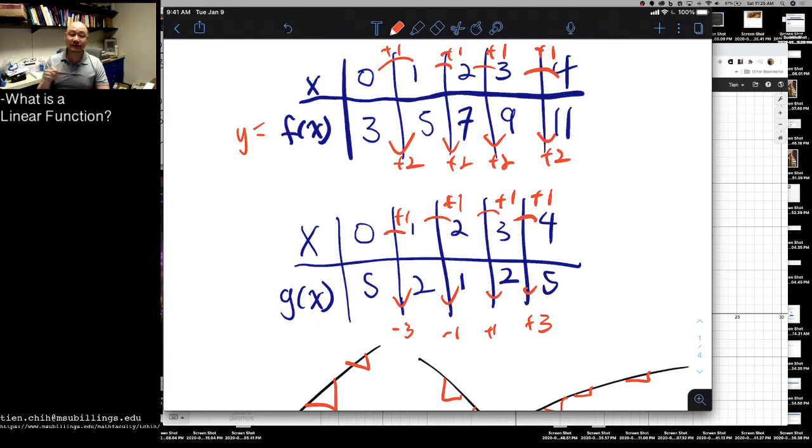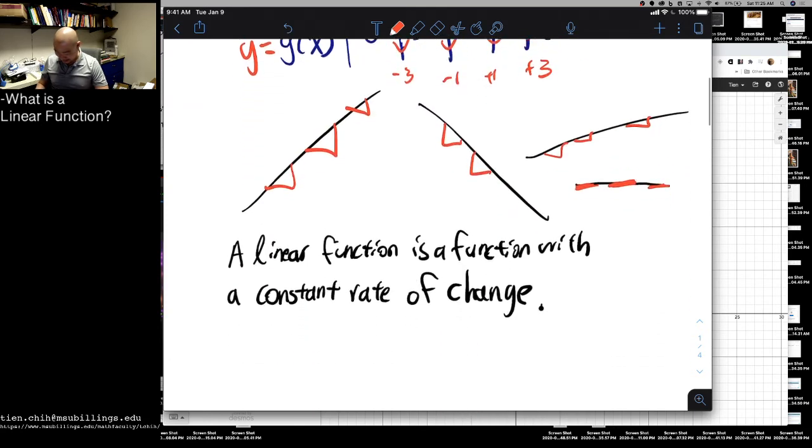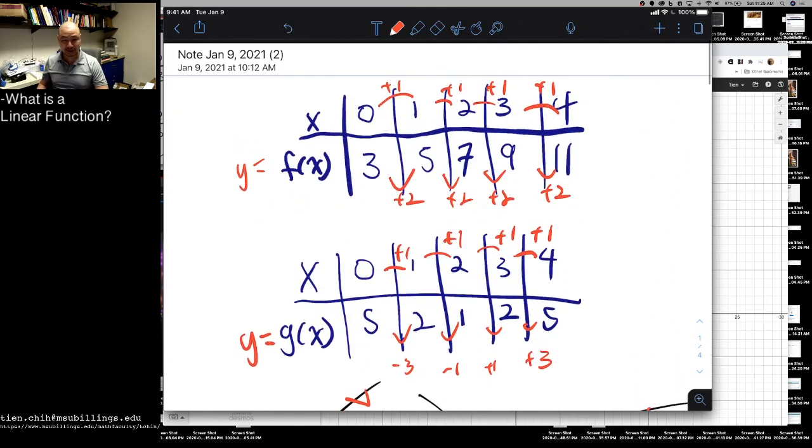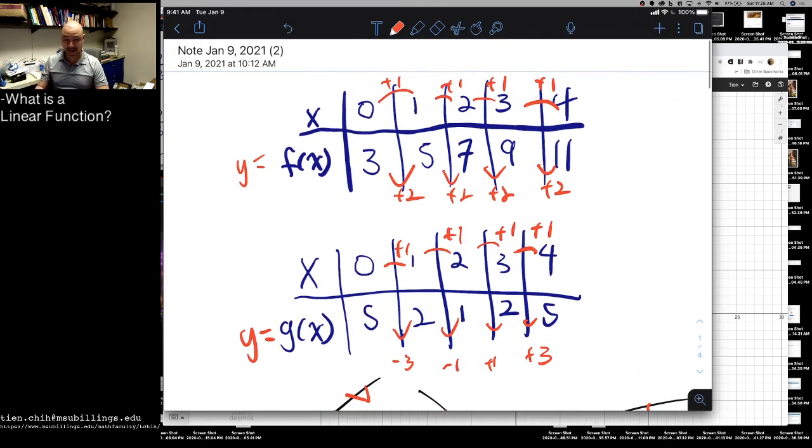So that rate of change is not constant, right? Every time I go to the right by 1, my x value increases by 1. My y value increases or decreases depending on what the x value is. And the amount that it increases or decreases by also changes. So none of that's any good for a linear function, right? We want a linear function to have a constant rate of change, and what we see here is that it's not constant.